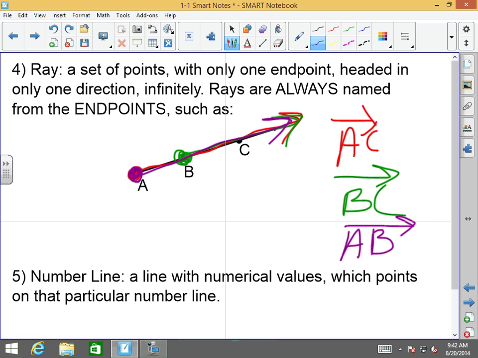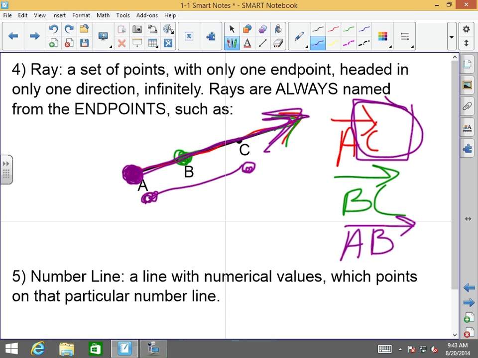CA is not acceptable, and let me show you why, sir. Do you guys notice how the arrow is pointing in the direction of where the line is going? It starts with A, for example, right? But then it goes through C. That arrow indicates that it's going through C. So if you went CA, that means it went this way, but does it continue forever?